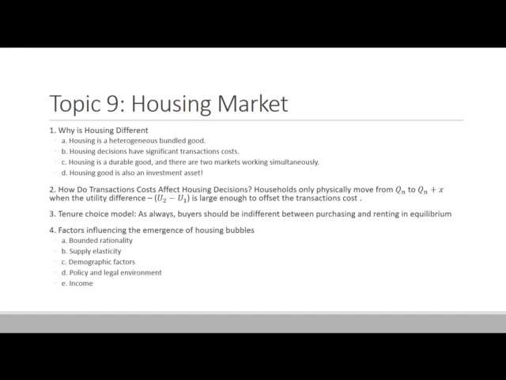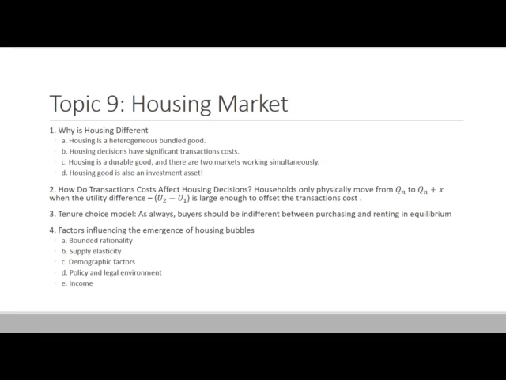Okay, and finally, we briefly mentioned the factors that may influence the emergence of housing bubbles. First, bounded rationality, which basically says that some of the time people do not have rational expectations about the future. They may have wrong perceptions or wrong expectations of the market price. They may be over-optimistic, or they may become trend chasers and chase the trend too much.